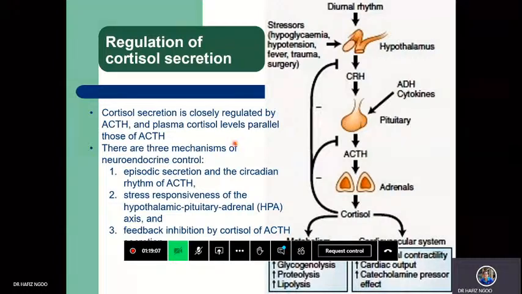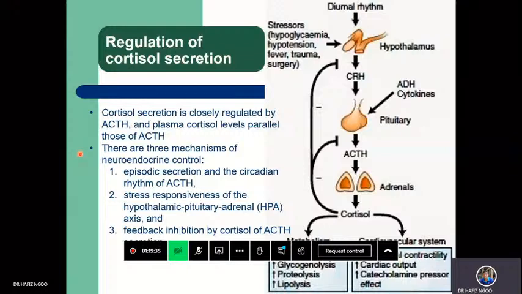Okay, so there are three factors that regulate the neuroendocrine control of cortisol secretion. The circadian, I already mentioned the circadian rhythm, and then stress responsiveness.